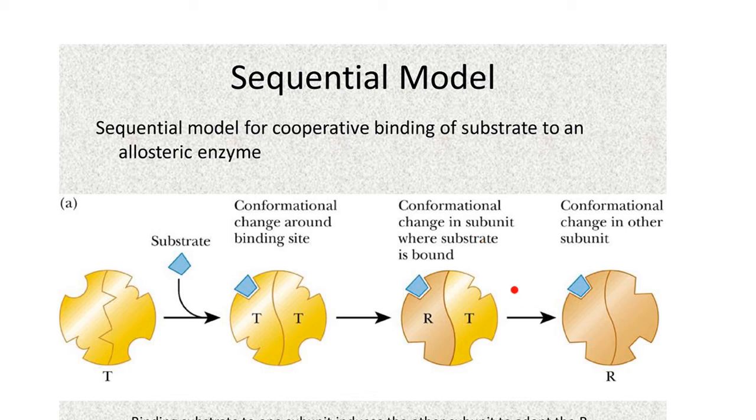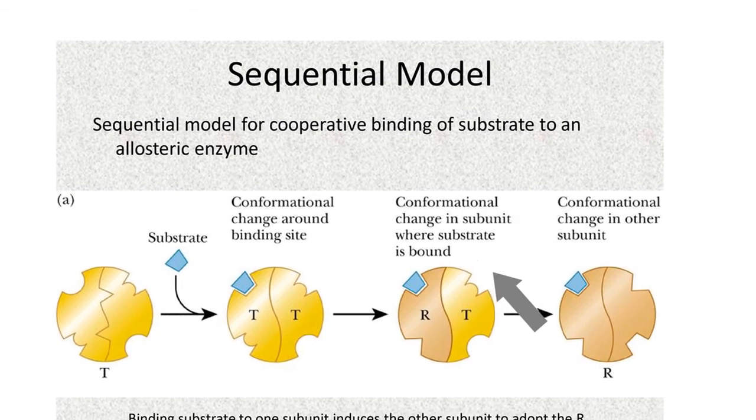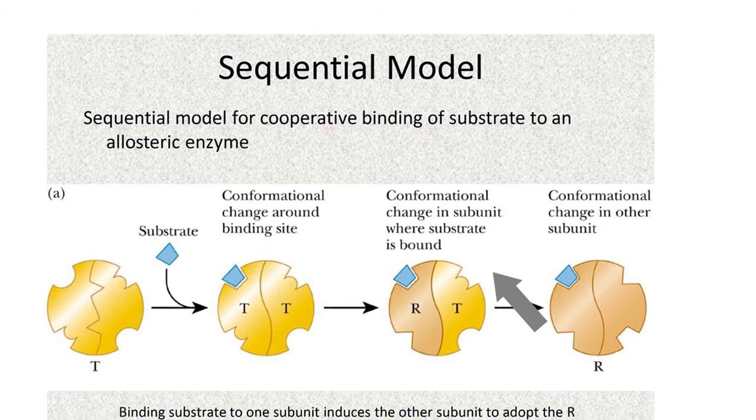Because if you notice before, it was this shape, so it wasn't capable of binding a substrate, whereas once it becomes induced, it can bind the second substrate, the second ligand, there.